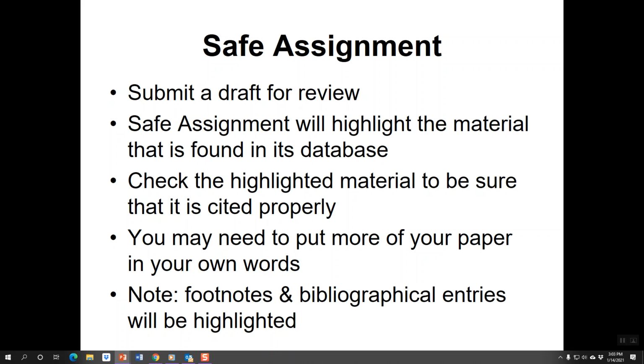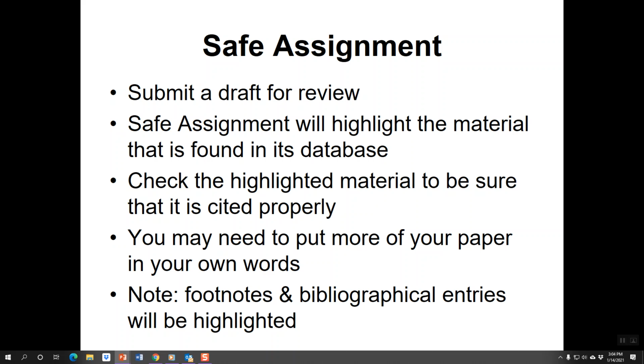When you see the highlighted material, that means that this information has been copied, or it matches the writing of someone else. So you need to be sure that if this is a quotation, you have inserted quotation marks and you cited it properly in your footnotes.